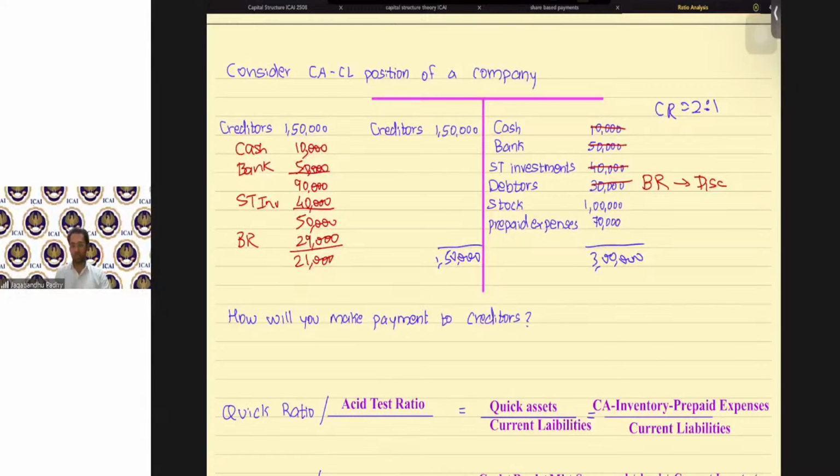The acid test ratio was quick assets upon current liabilities. Quick assets are basically current assets minus inventory minus the prepaid expenses, divided by current liabilities. So basically, we can say quick assets included your cash and bank balance. It included the debtors. Okay, so those were included, and also it included marketable securities or current investments.